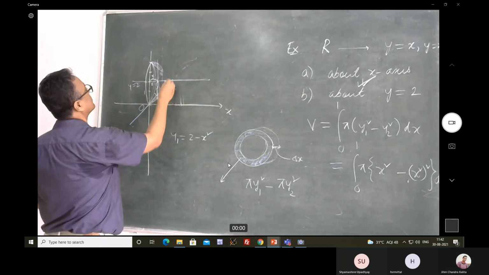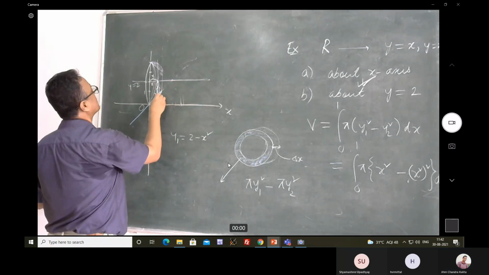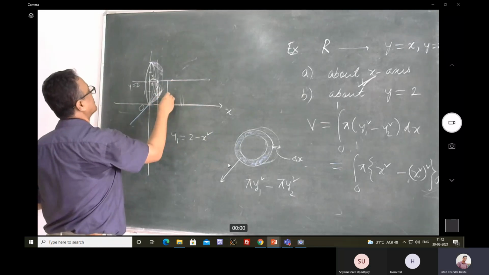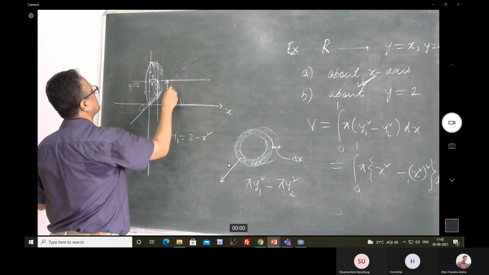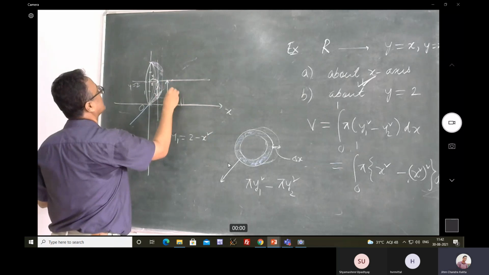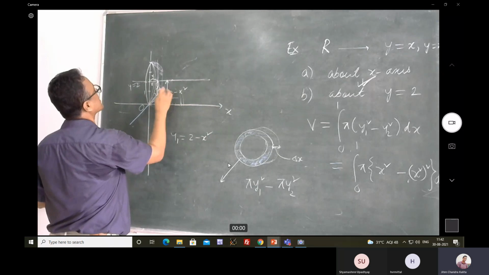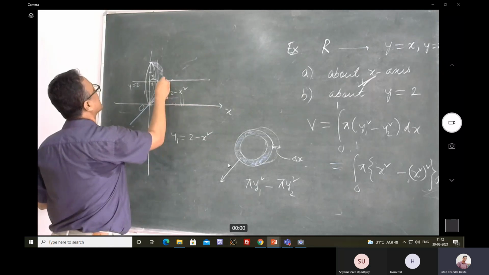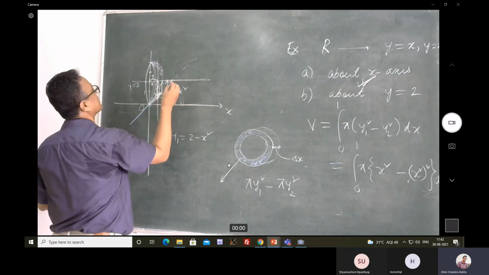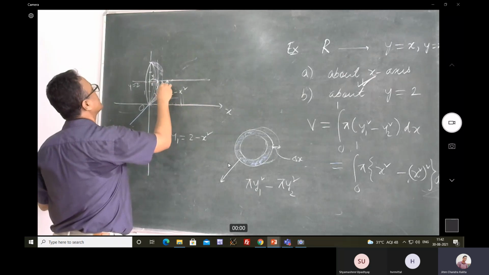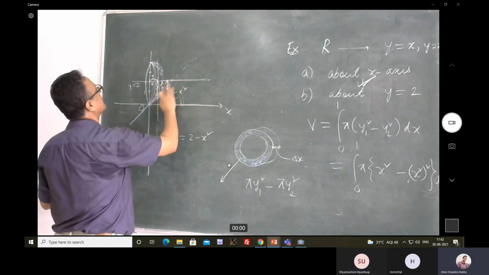And if I consider this length, this is going to be 2 minus x, right?